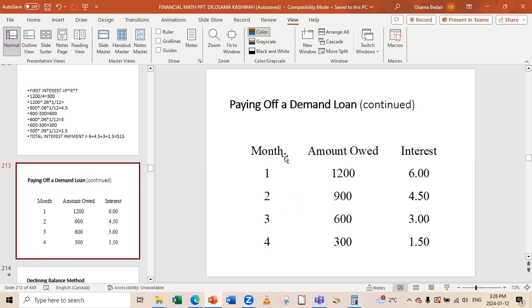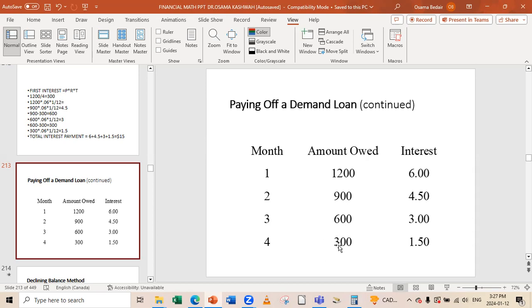So I divided the loan into four parts or sums or annuities. Each annuity of them is $300. And I deduct the 300 whenever I come to it. So the first one was the whole loan, 1,200. After that, the second one was 1,200 minus 300, that will give me 900, and I calculate the interest here. The third one, 900 minus 300, that will be 600, and I calculate the interest.